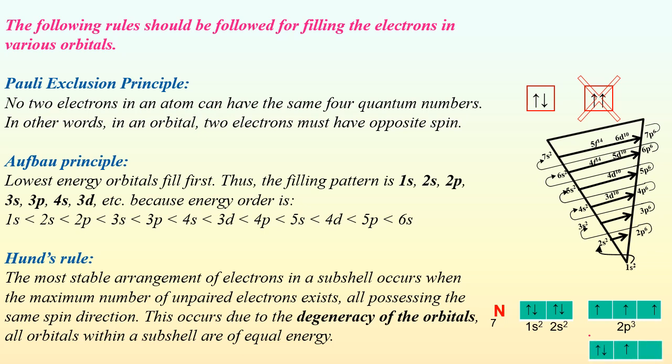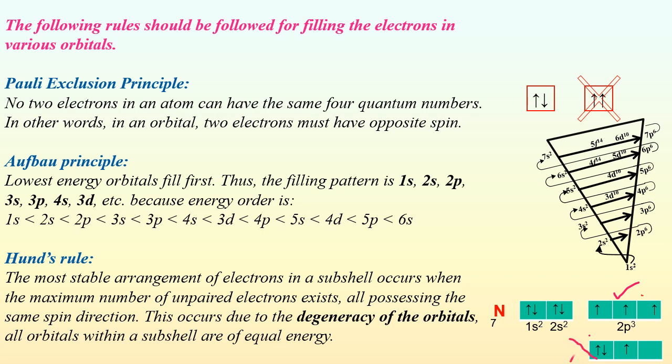One is all these electrons with the same spin in separate orbitals, and the second option is two electrons are paired and one is unpaired. Which is the stable one? The first one. This one is the stable one. The second one is unstable.